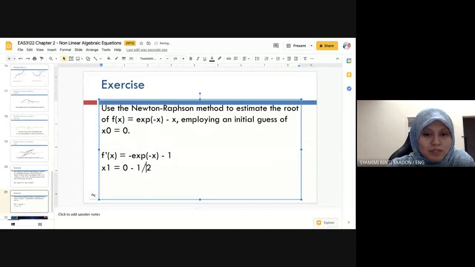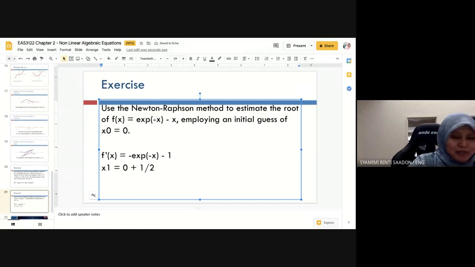So minus 1 over minus 2 is 0.5, and x1 will be 0.5.